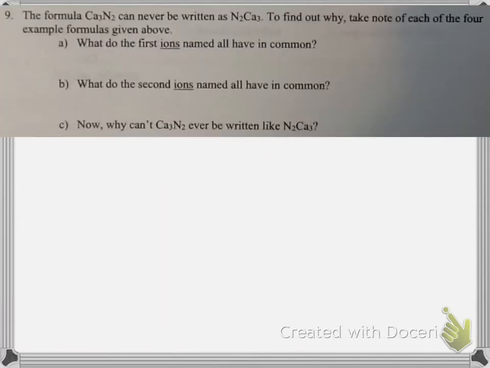Number 9. The chemical formula Ca3N2 can never be written as N2Ca3. To find out why, take note of each of the 4 example formulas given above. Letter A, what do the first ions named all have in common?